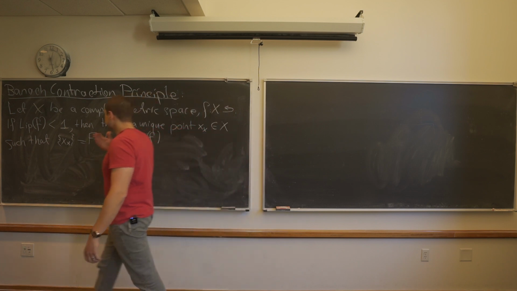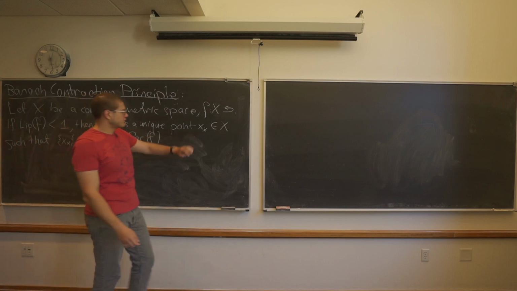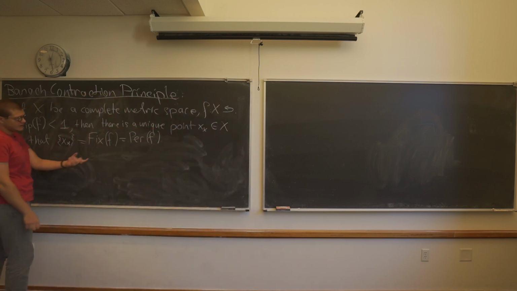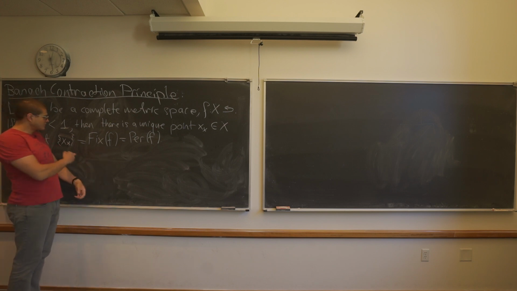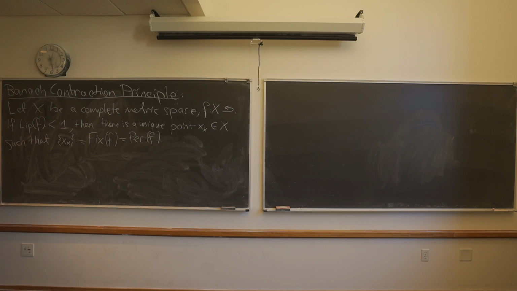So it's a dynamical system. And if this dynamical system is a contraction, that is to say, the Lipschitz constant is less than 1, then there's a unique point, X star, in X, such that this singleton set is the set of fixed points. That is to say, this is the only fixed point, and it's also the only periodic point.